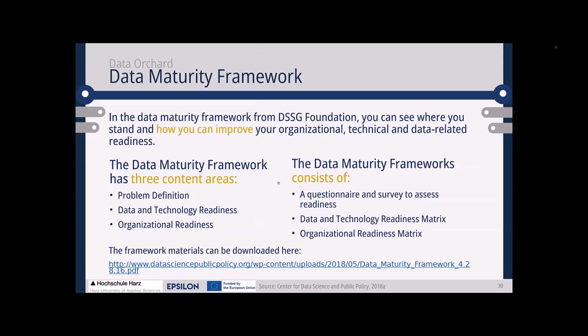And then there's also the data maturity framework from the DSSG Foundation. Here you can also see where you are and how you can improve your organizational, technical, and data-related readiness.